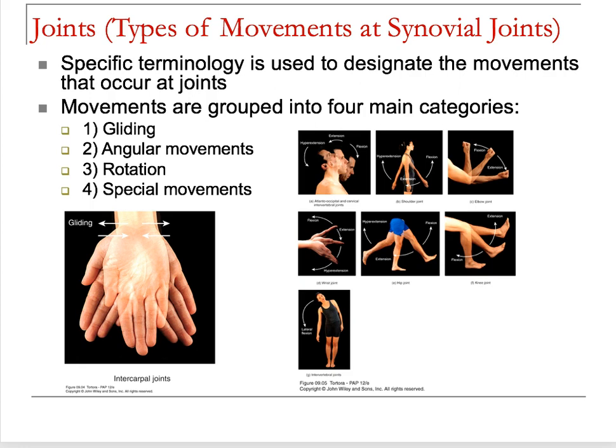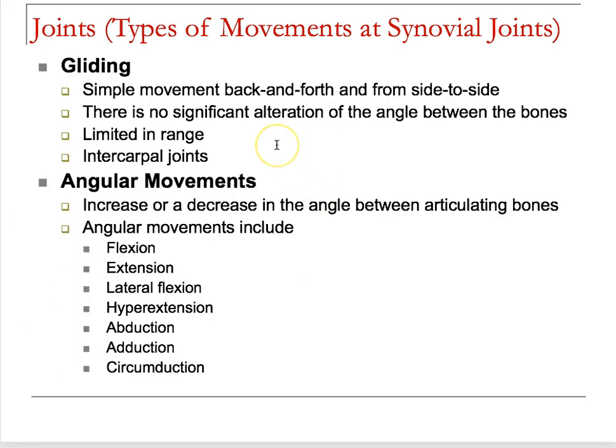Movement at joints can be grouped into four main categories: gliding, angular, rotational, and we'll worry about special movements later. But gliding movements, simple movement back and forth. Think about in between your intercarpal bones, no real angle change, but it has a limited range of motion. Okay, think waving your hand as you're saying bye-bye to somebody.